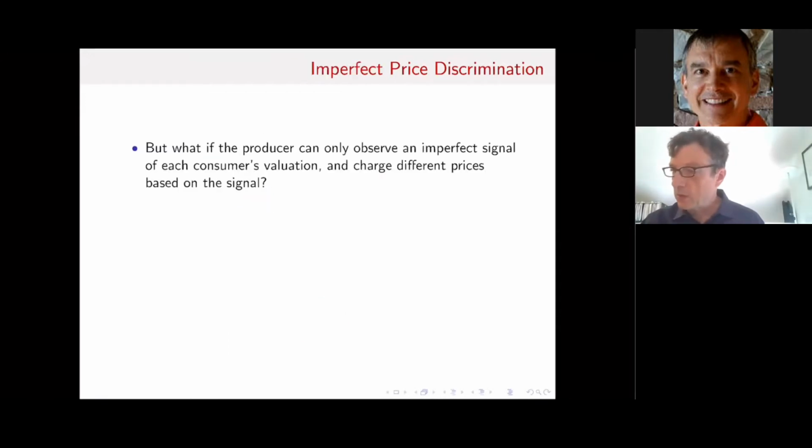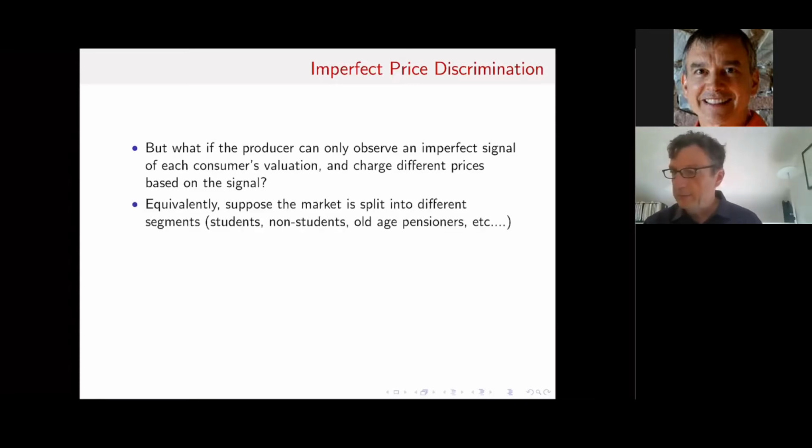That's a question that we're going to try to pursue. That is, let's suppose that the producer gets some information, it might be just an imperfect signal of each consumer's valuation, and then could charge possibly different prices based on that signal.